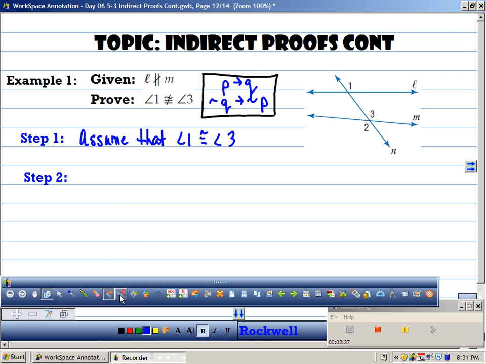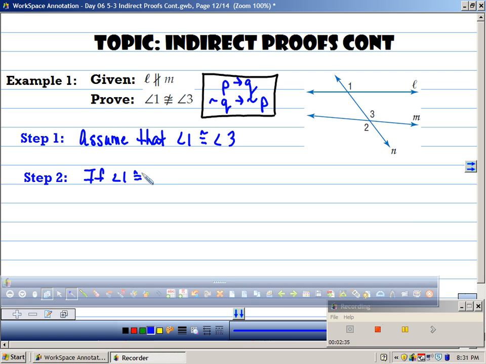First, I'm going to point out that if angle 1 is congruent with angle 3, then angle 1 and angle 3, look at angle 1 and angle 3, they are corresponding angles.